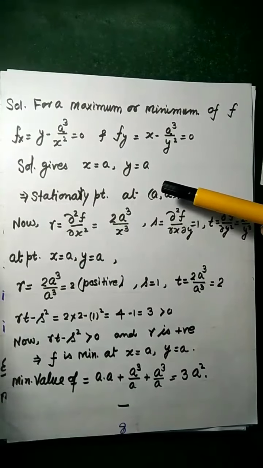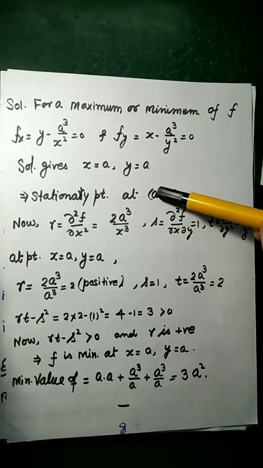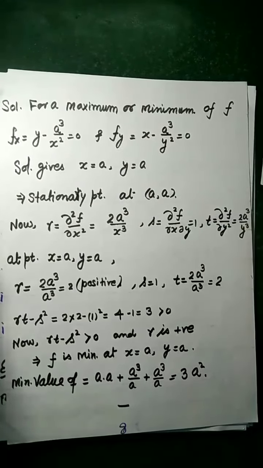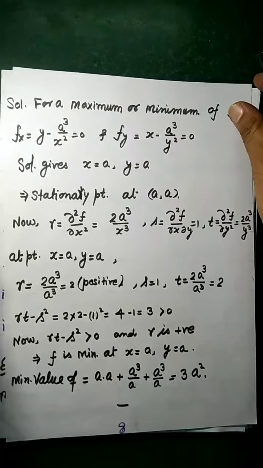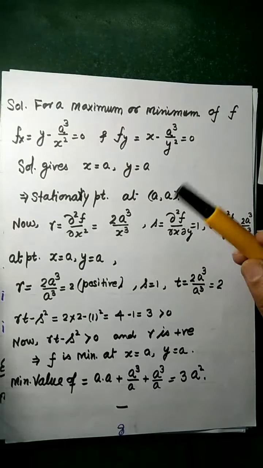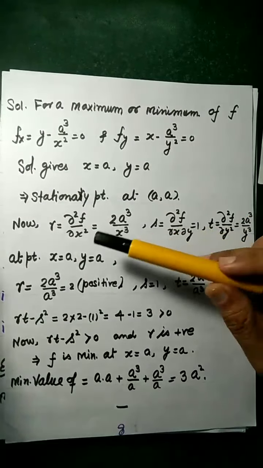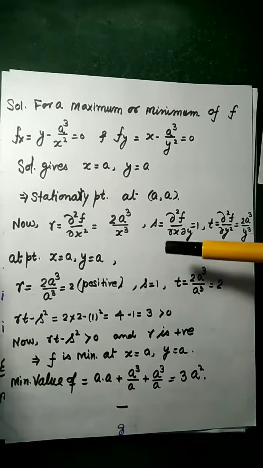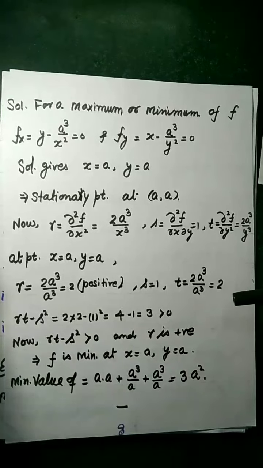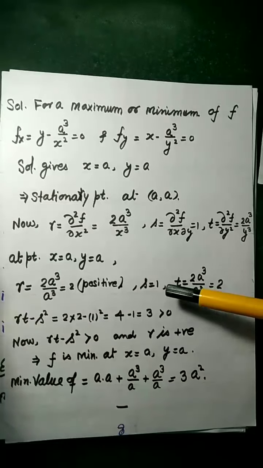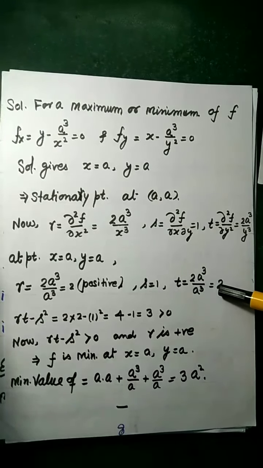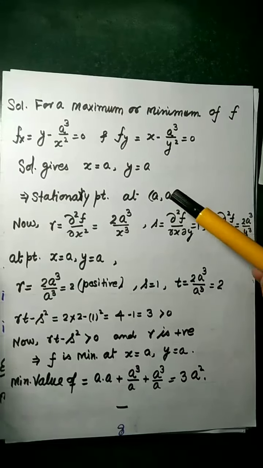Now we have obtained the point x equals a and y equals a. At this point (a, a), calculate the r value, s value and t value. R is 2, s is 1, t equals 2 at point (a, a).